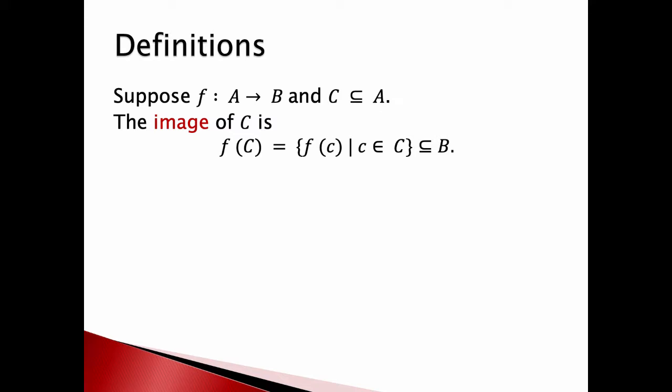Well, maybe that's one way to think about it, is that I'm plugging a whole set in and I get a whole set out. It's like we're doing the hokey pokey. You put your whole C in, you get your whole f of C out.